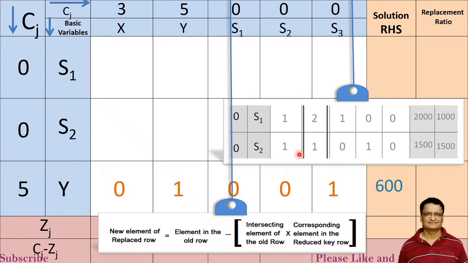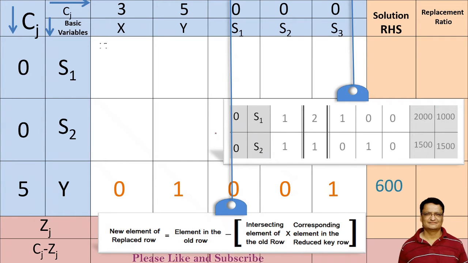If you remember, this was the key column from the previous table, and this is the intersecting element of that particular column and row, into the corresponding element in the reduced key row, and we have to consider this also. So let us take one example over here.